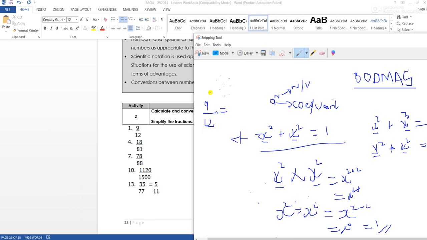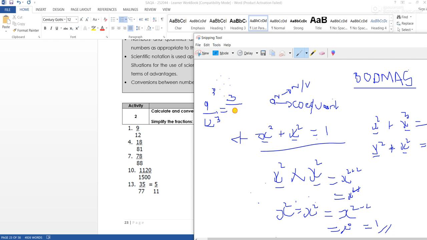So 3 is divisible into 9 and also into 12. 9 divided by 3 will give you 3, and 12 divided by 3 has to give you 4.